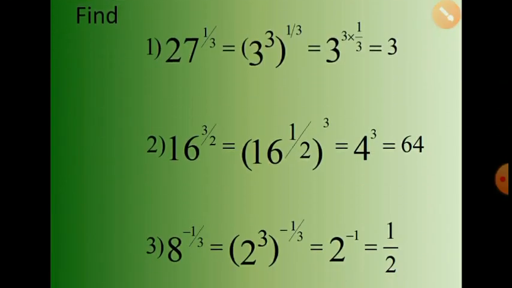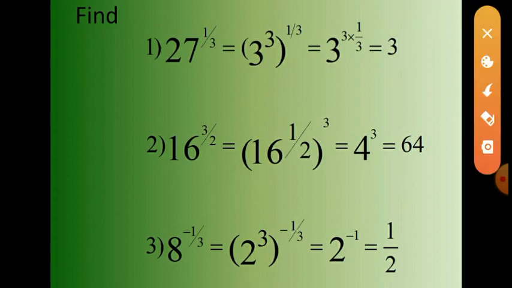Similar examples. Now see, the question will be find something. Suppose it is 27 raised to 1 by 3. Always check what you have at the denominator whenever the question is find.